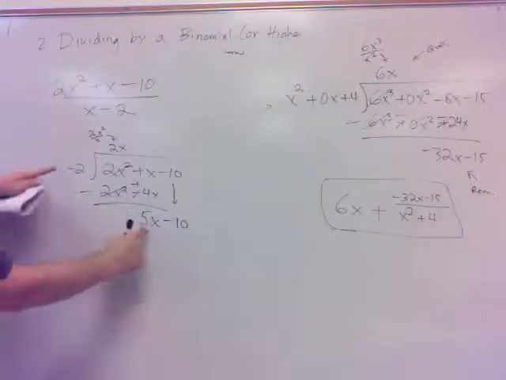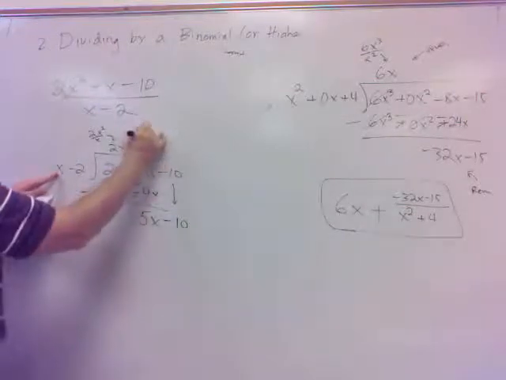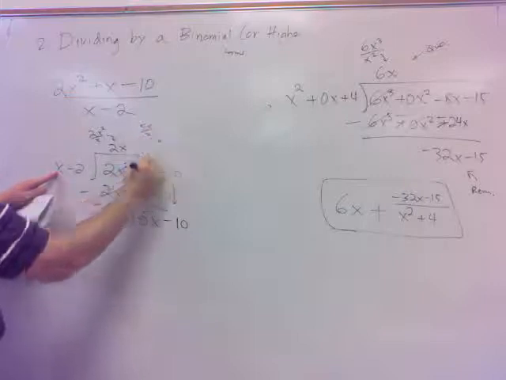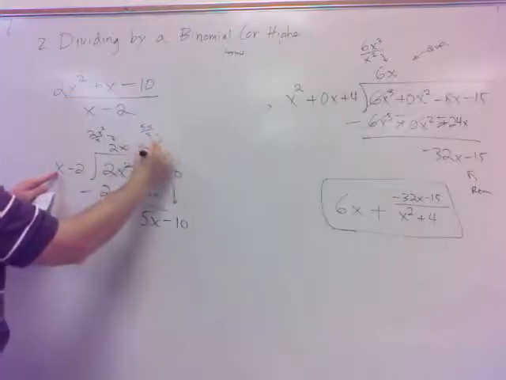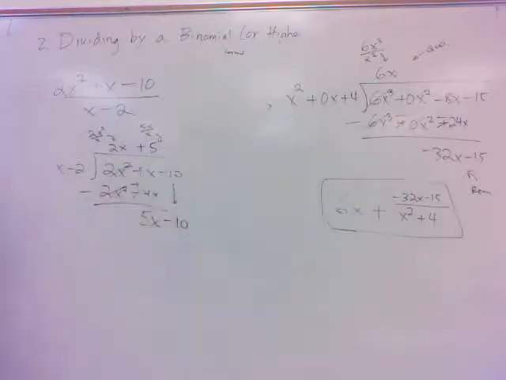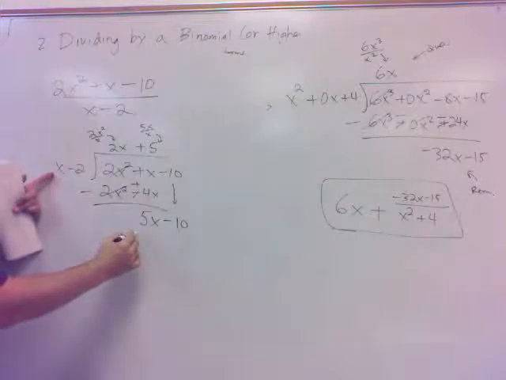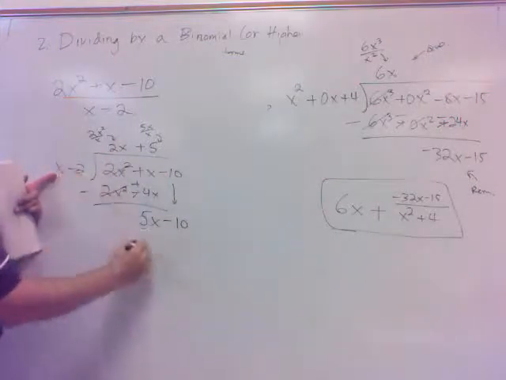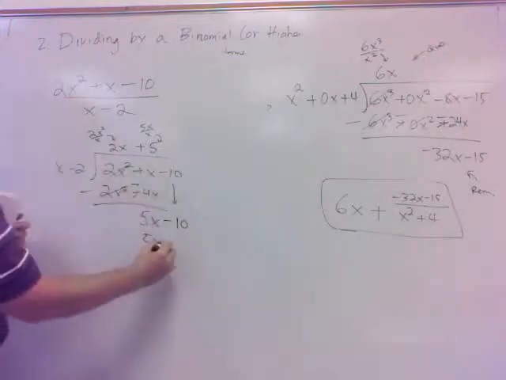I can do one more because, yeah, I can take 5x, divide by x, it'll be positive 5. And so that will make 5 times x, 5x, and 5 times minus 2 is minus 10.